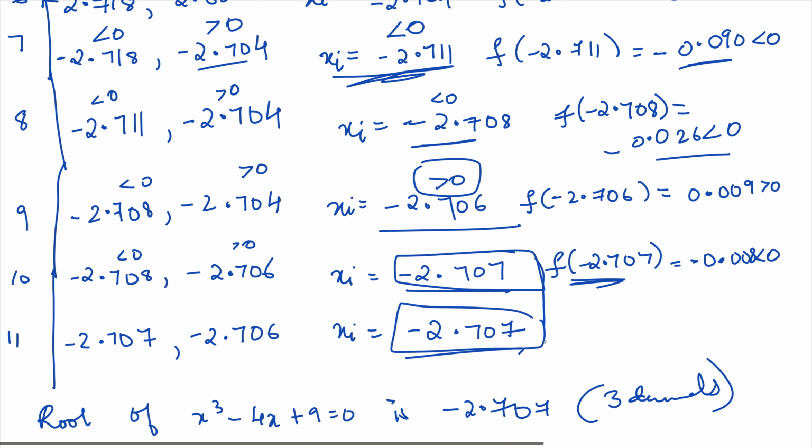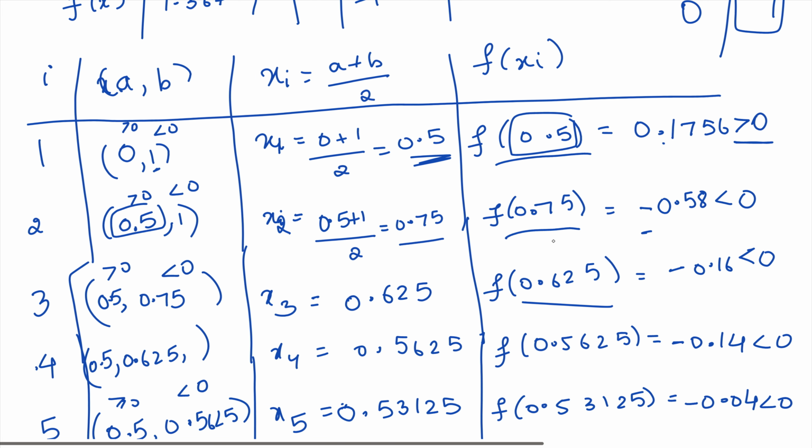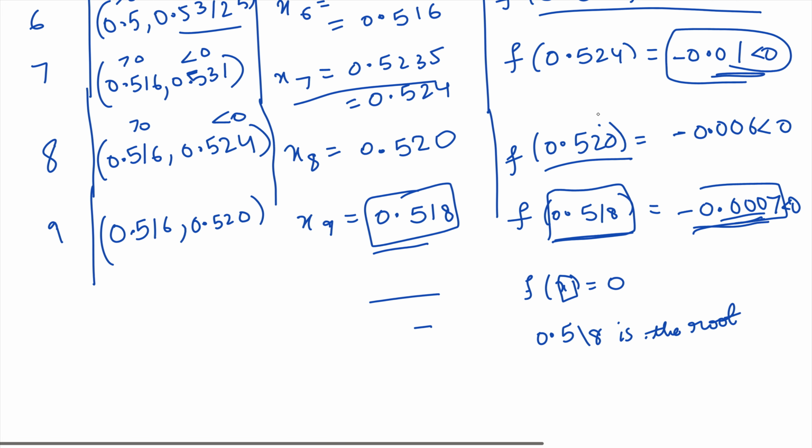So the values are almost the same. So we can say this is the root. Or if f of that value is giving us 0, then also we can say this is the root in the bisection method. So 0.518 is the root of cos x minus x e power x.